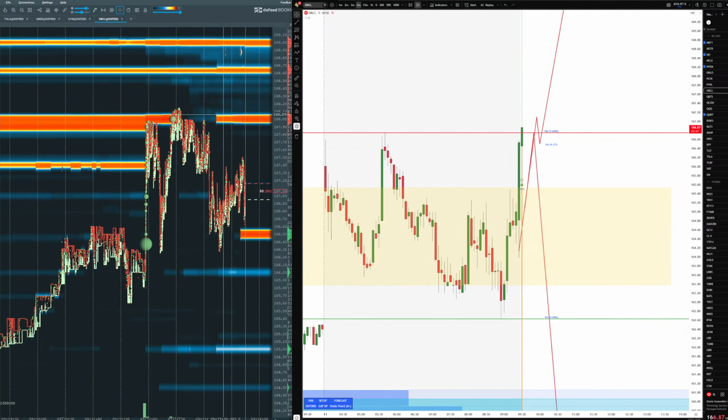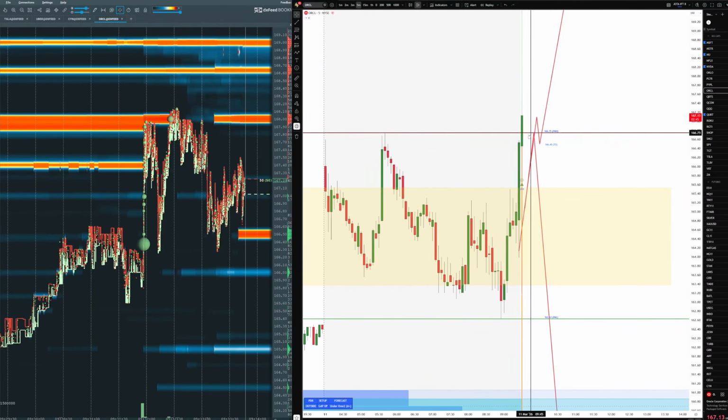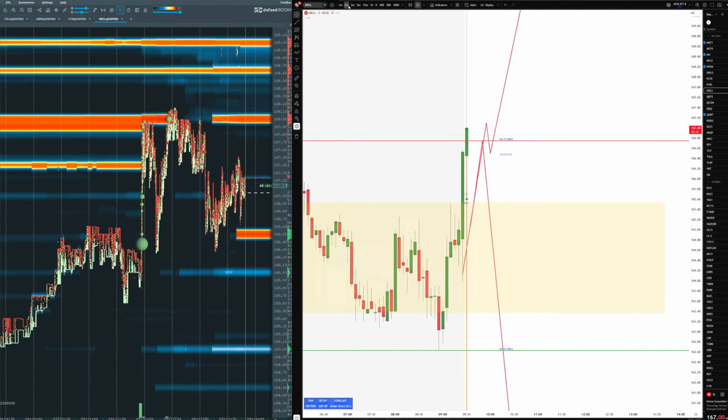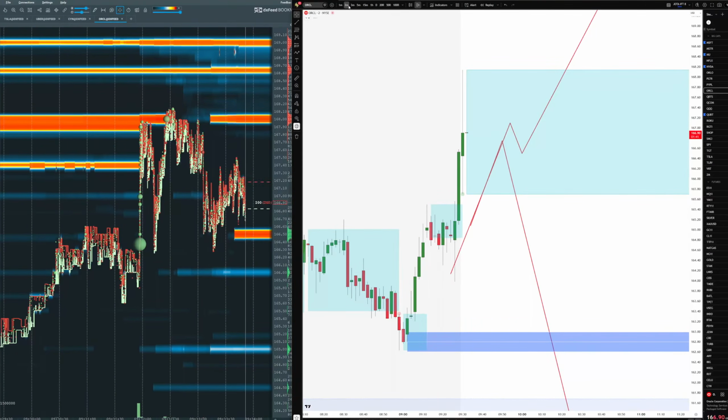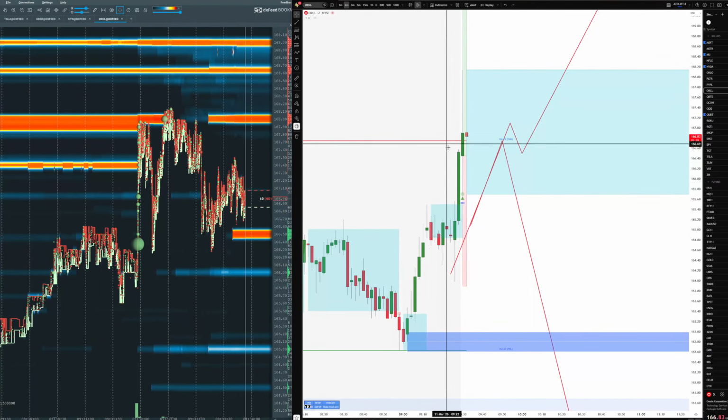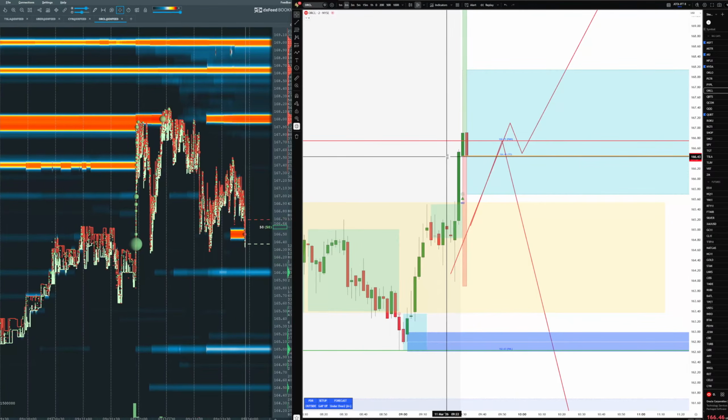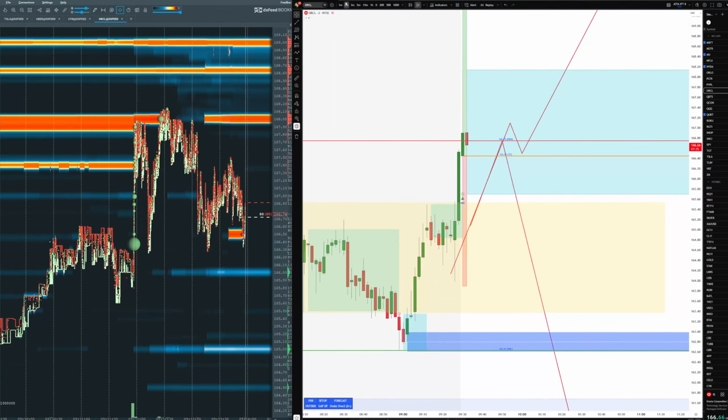Still staying over here, guys. The system is still giving me the long play. It's on a 2-minute chart. So our stop will be around 166 over here.